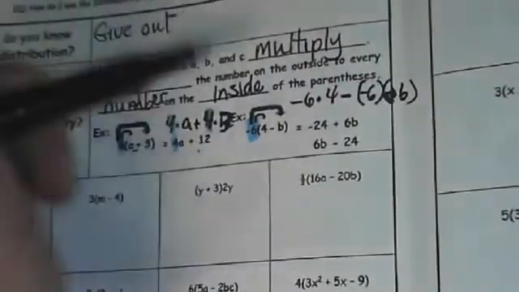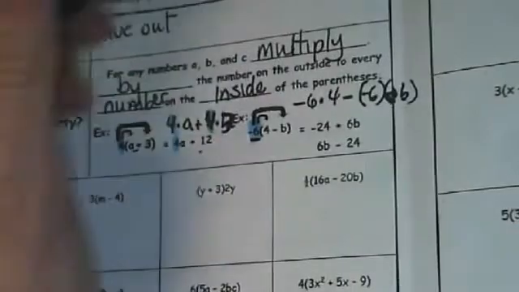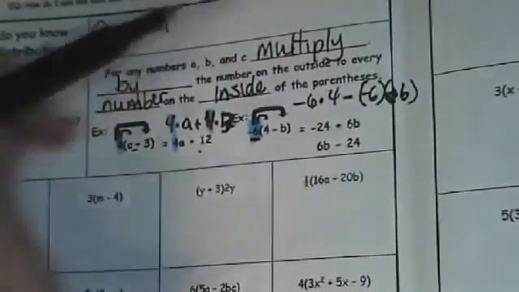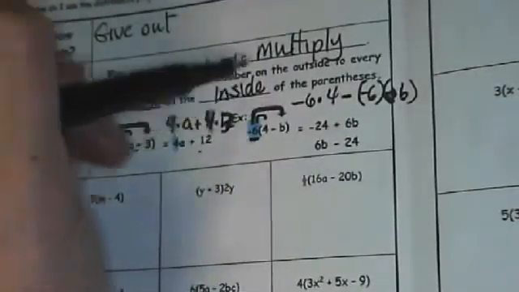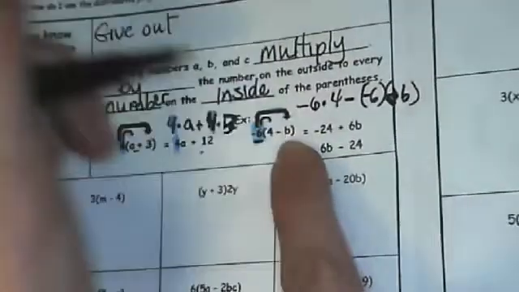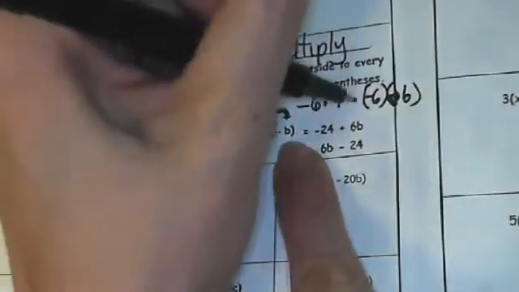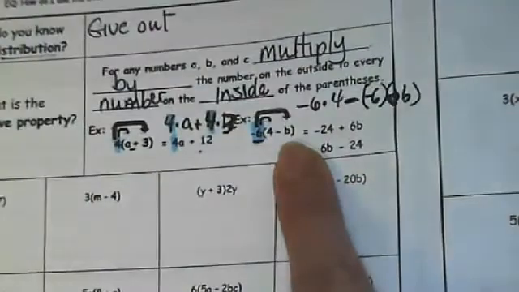Therefore I'm taking the negative 6, which is the outside, and I'm multiplying by the 4 that's inside, and I'm taking the negative 6 and I'm multiplying it by the b, and the operation in the middle is a subtraction.